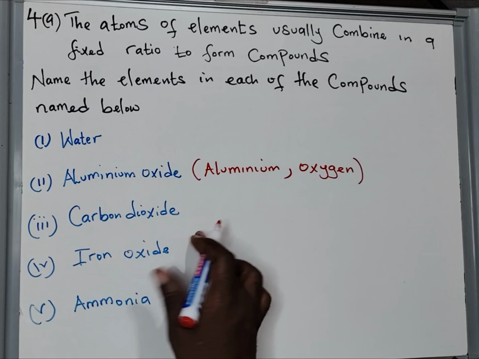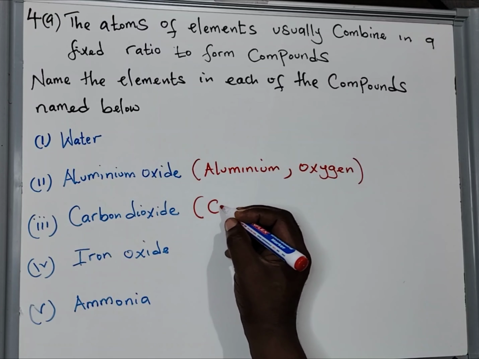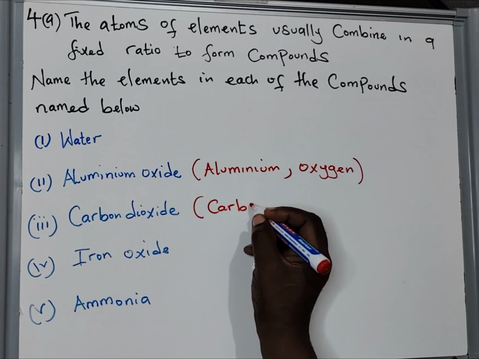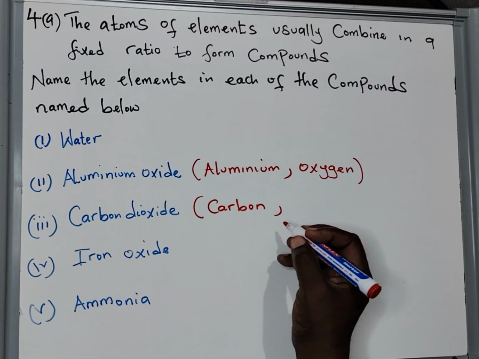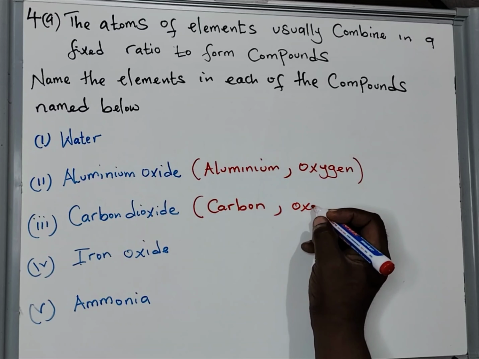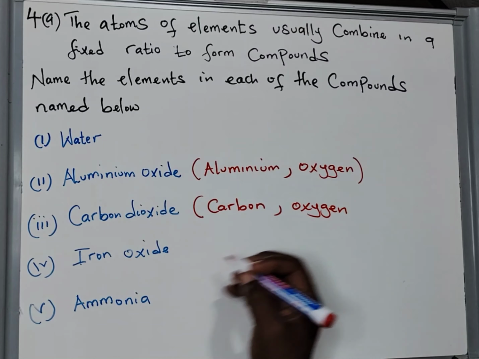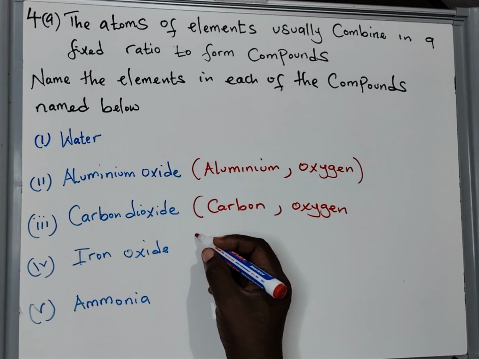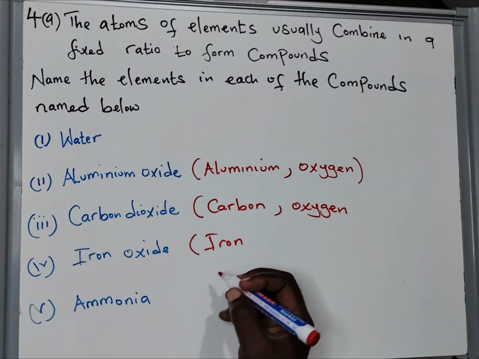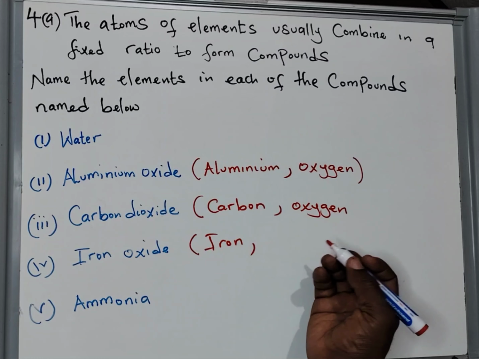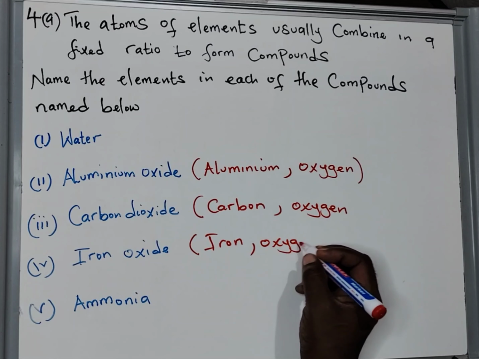Carbon dioxide. So what are the elements? The elements are carbon and oxide or dioxide is brought about by oxygen. So the second element is oxygen. Iron oxide. What do you have here? You have iron as the element. And oxide is caused by oxygen. So the second element is oxygen.